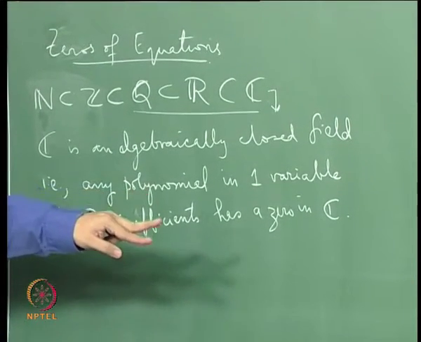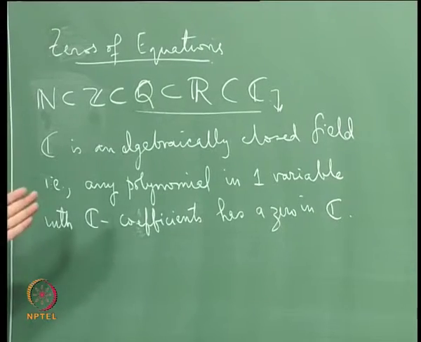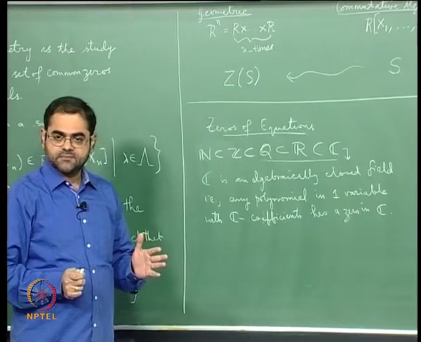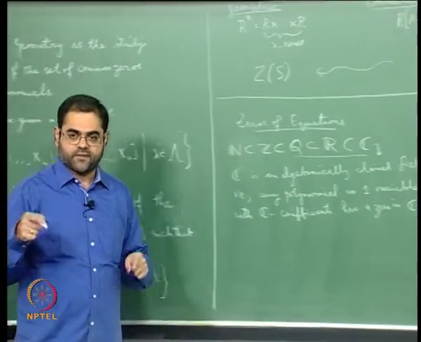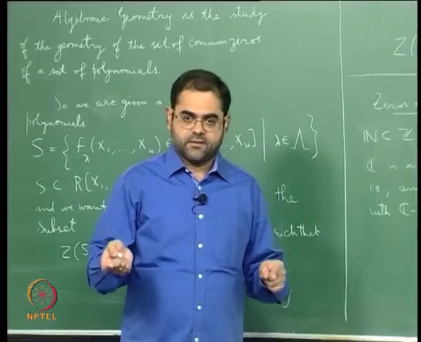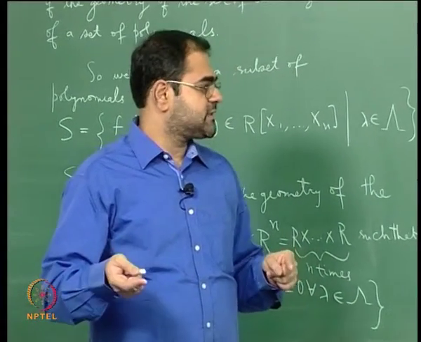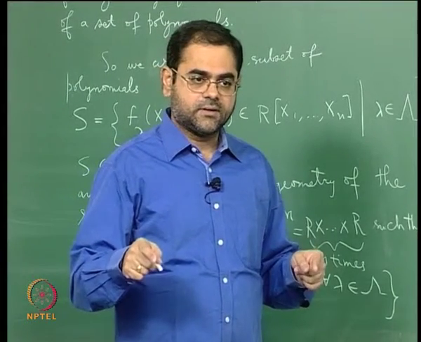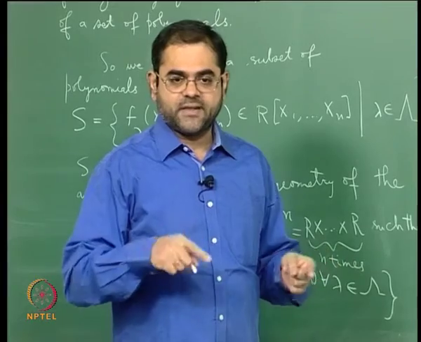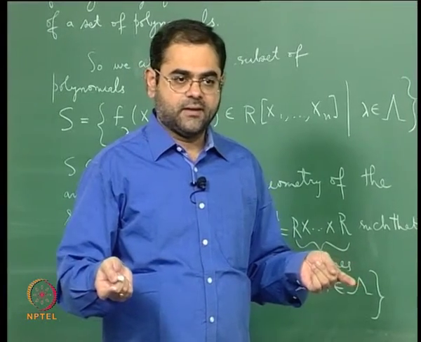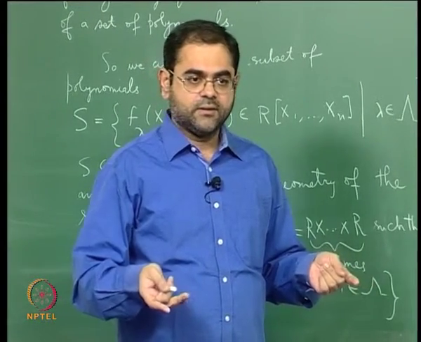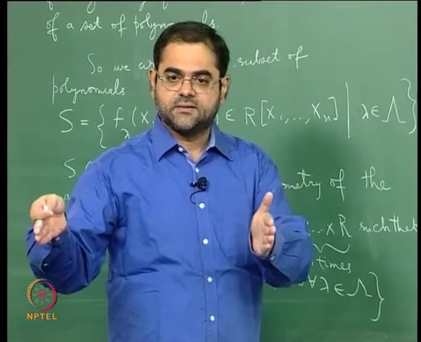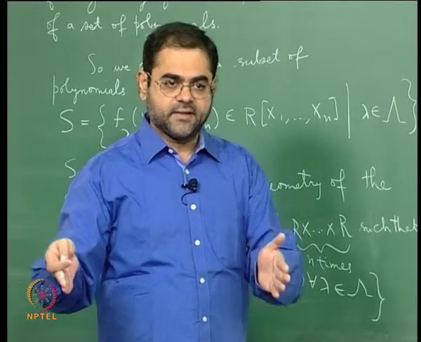In fact, if a polynomial has a zero, call the polynomial f of x, where x is the variable. If it has a value lambda such that f of lambda equals 0, then x minus lambda is a factor of the polynomial. By the division algorithm, the polynomial becomes x minus lambda times another polynomial of one degree less.